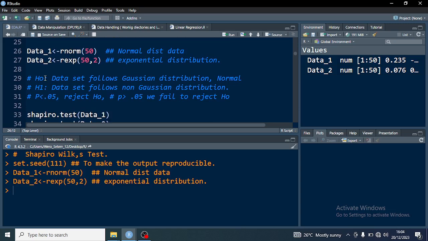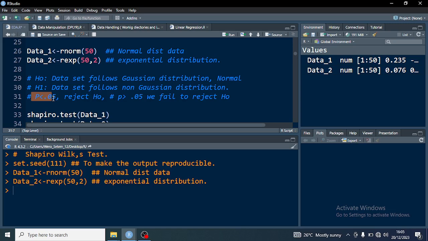I'm defining the hypothesis here. I'm saying the null hypothesis is that the data set follows the Gaussian distribution. What I mean is the data set is normal. And H1, the alternative hypothesis, is that the data set follows a non-Gaussian distribution. The data set is not normally distributed.